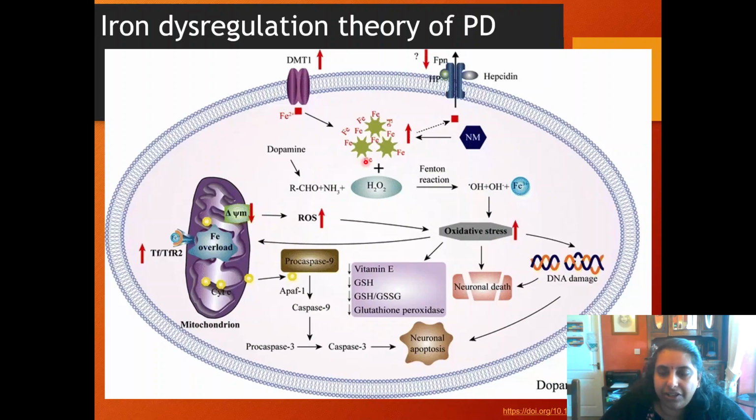I'm not going to go through this in detail, but essentially there's increased iron, and that has all sorts of effects on the cell, including iron overload in mitochondria, decreases in protective factors against oxidative stress, DNA damage caused by oxidative stress, and increased reactive oxygen species. This is all caused by essentially having too much free iron in the dopaminergic neurons.